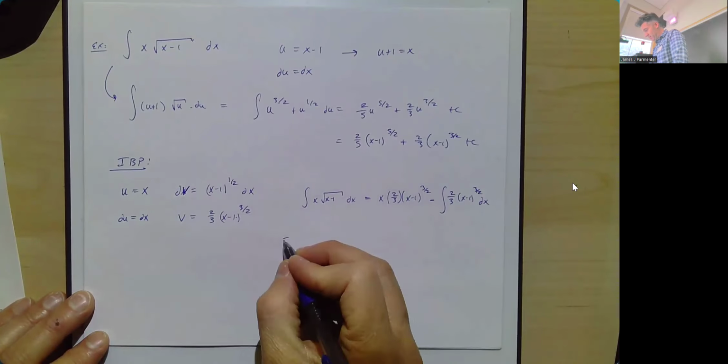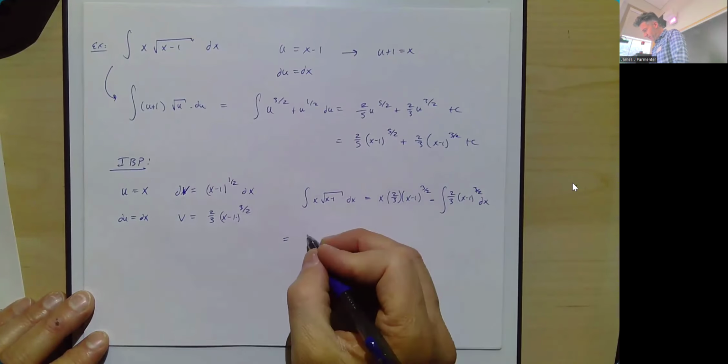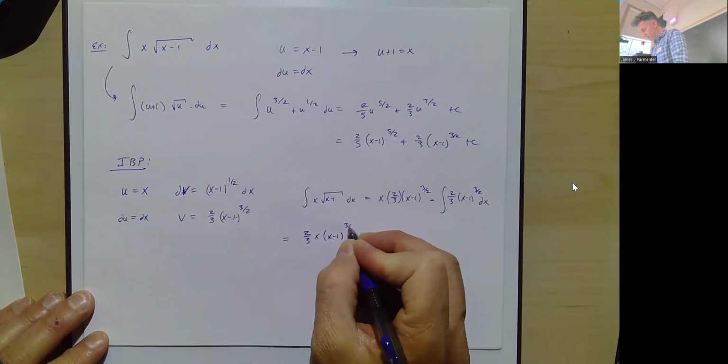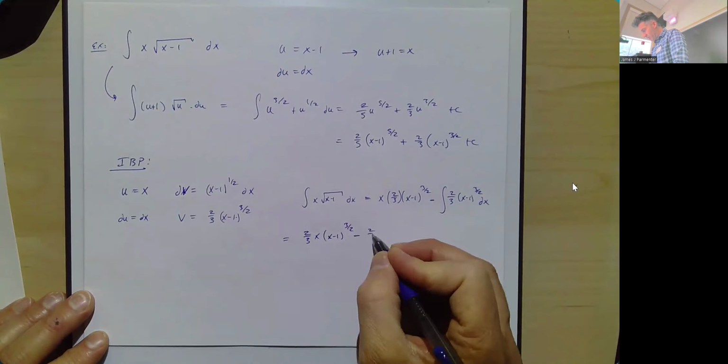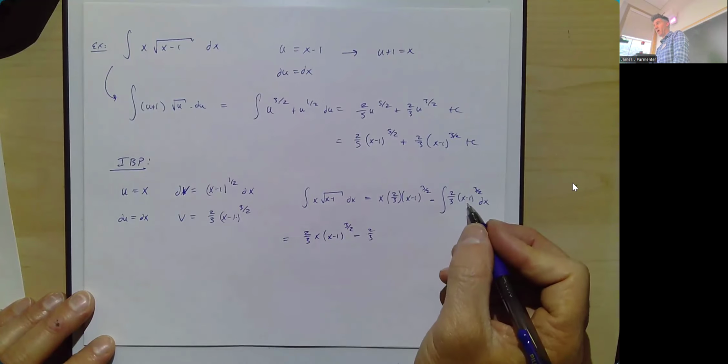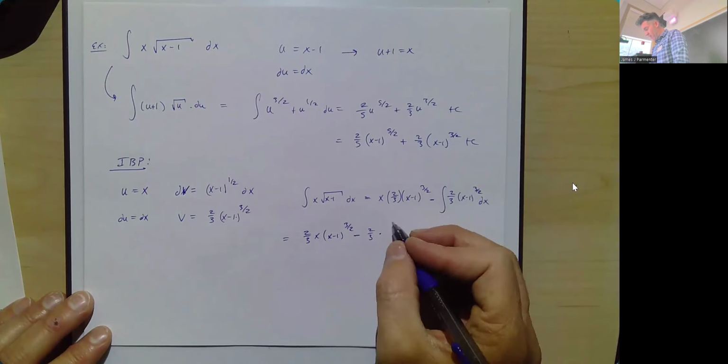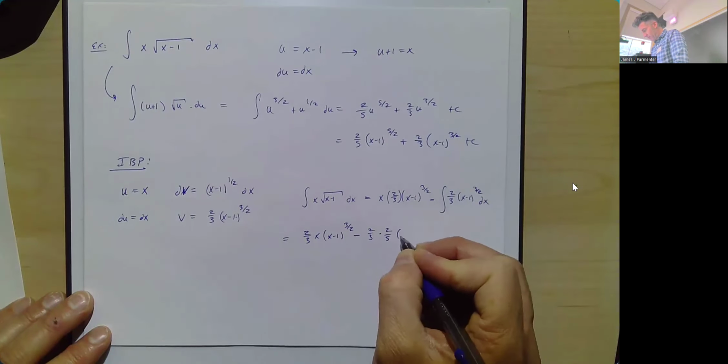Simplifying, you get 2/3 x times (x minus 1) to the 3/2 minus 2/3 times the integral of (x minus 1) to the 3/2, which using the reverse power rule is (x minus 1) to the 5/2 times 2/5.